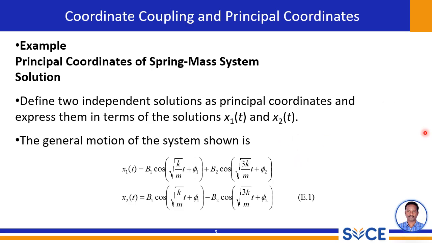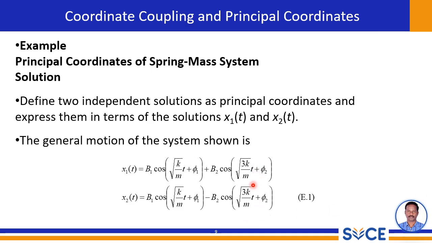Now let's look at the general motion of the system. We see that the displacements x1 of t and x2 of t are described as a combination of cosine terms. These cosine terms represent the system's natural modes of vibration. Notice the terms inside the cosine functions, that is root of k by m and root of 3k by m.